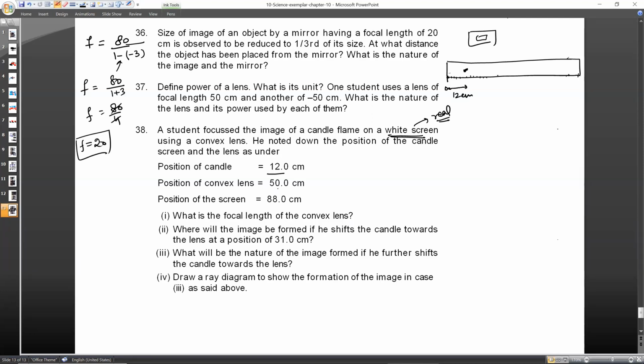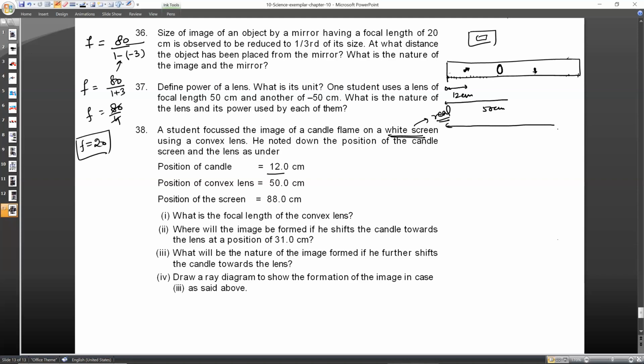And at 50 centimeter we have placed a convex lens here.